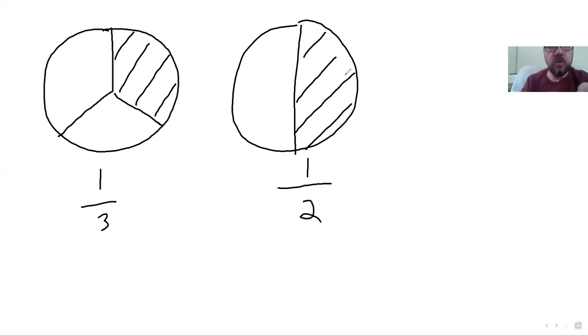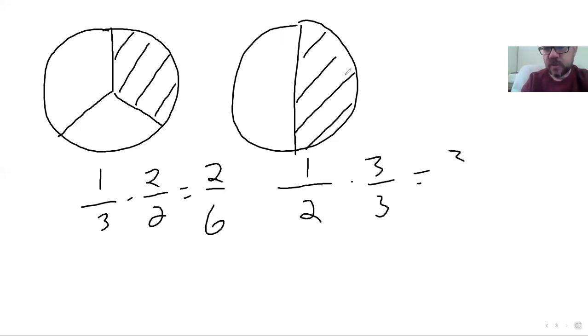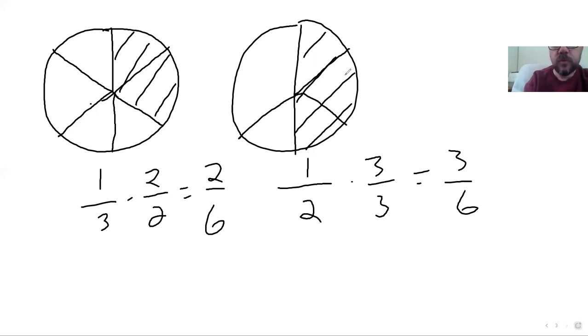However, what you can do is turn them both into equivalent fractions. For instance, if I turn them both into sixths, and I do this times 2/2 and this times 3/3, this turns out to be 2/6 and this is 3/6. Now sixths look like this and like this.